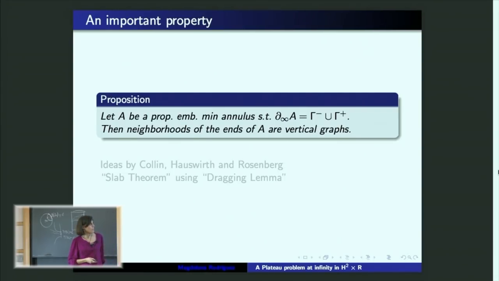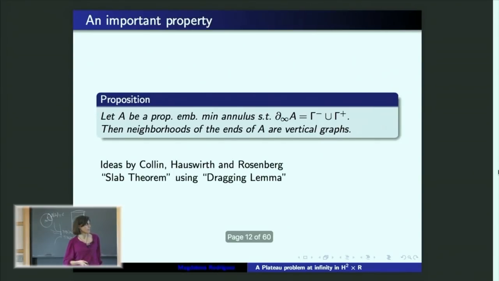We proved that by following the technique of Collin, Hauswirth, and Rosenberg in the slab theorem. What they proved in our context is that in the case that the annulus is contained in a horizontal slab of width at most pi, then the ends are graphical.